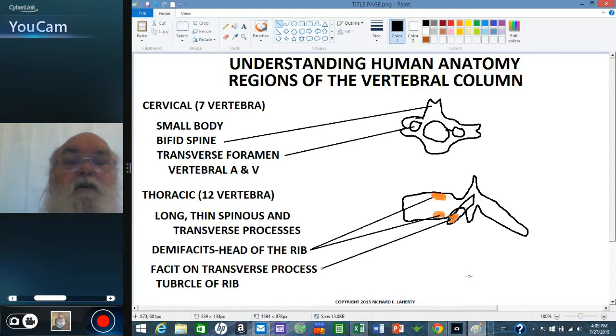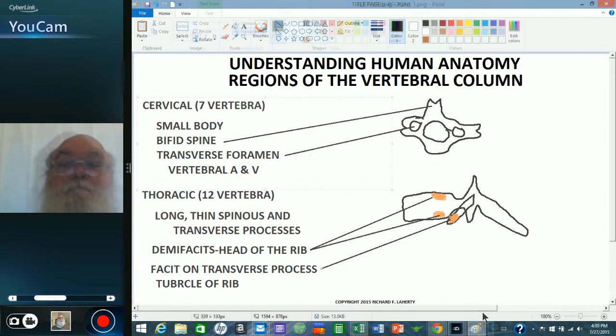In total, there are 3 articular surfaces for articulation with the ribs. The demifacets for the head of the rib, the facet on the transverse process for the tubercle of the rib.